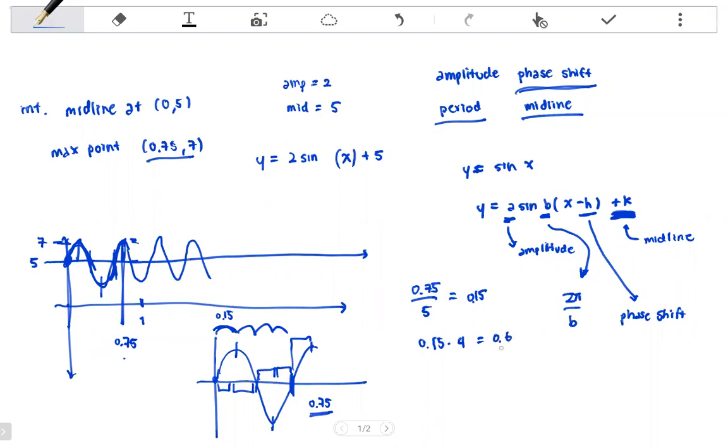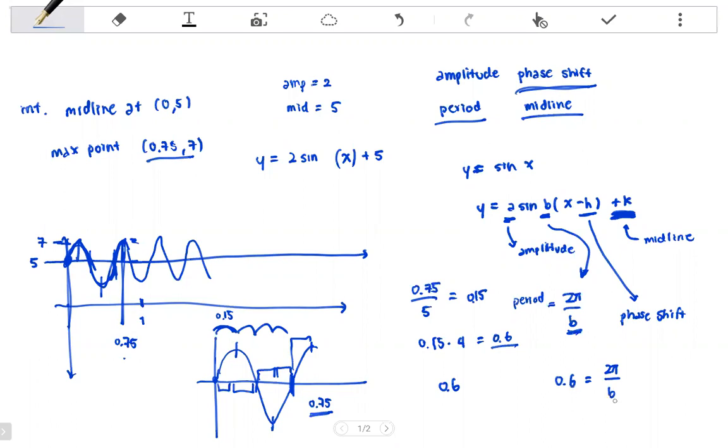Our period is 0.6. But we don't want the period if we want to write it in the equation, right? We want b. So period equals 2 pi over b. So 0.6 equals 2 pi over b.